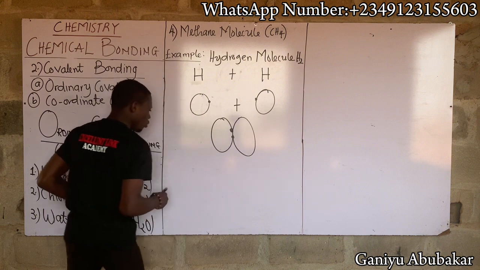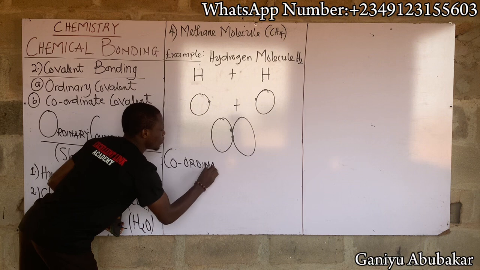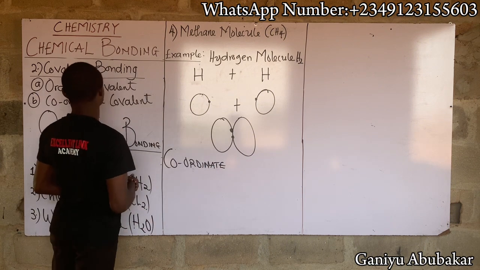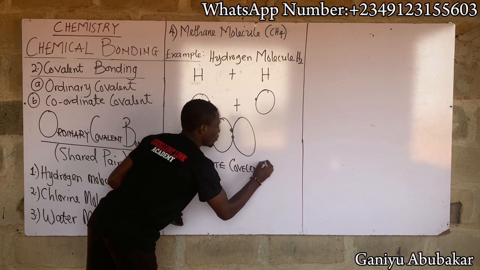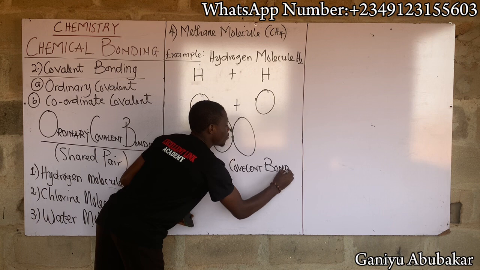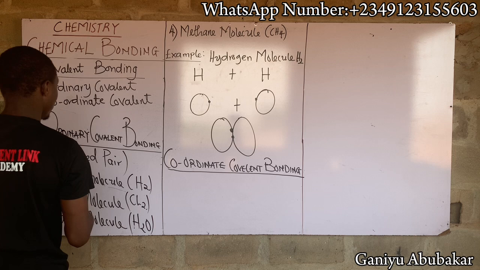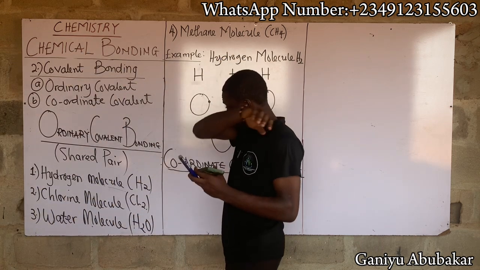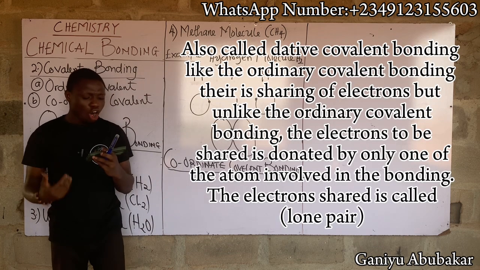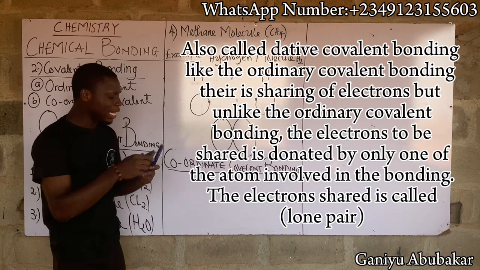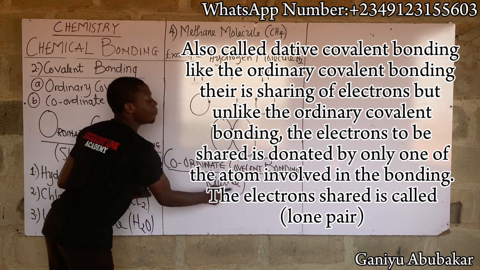Number 2, let's look at coordinate covalent bonding, also called dative covalent bonding.